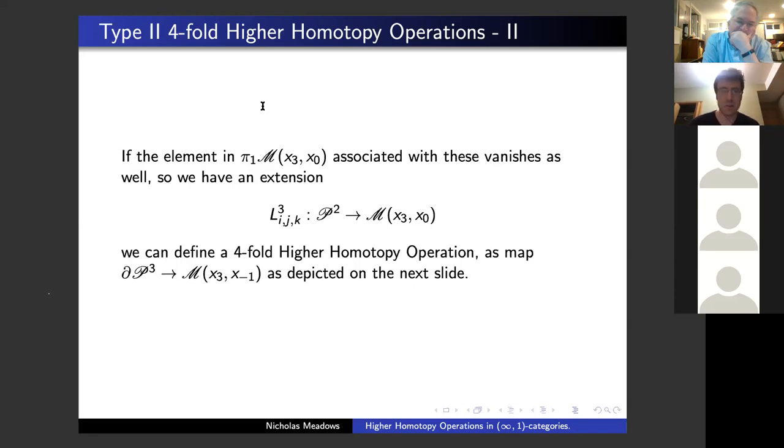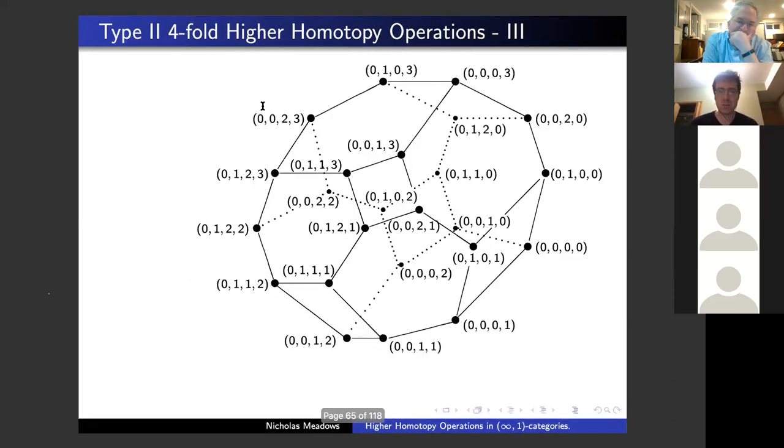So in this picture, the vertex labeled, let's say, IJKL corresponds to the composite d_i d_j d_k d_l. And the hexagons are basically like we pre- and post-compose with these homotopies, these maps that we defined, which come from the vanishing of these elements, these homotopy groups.